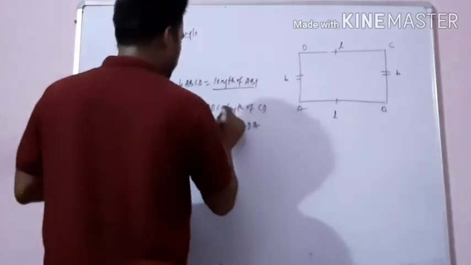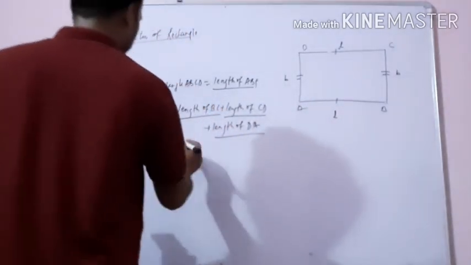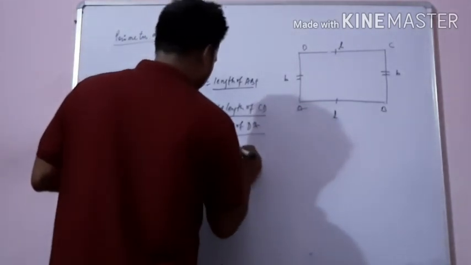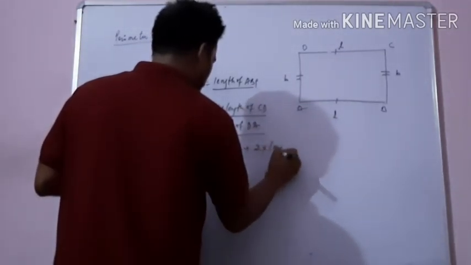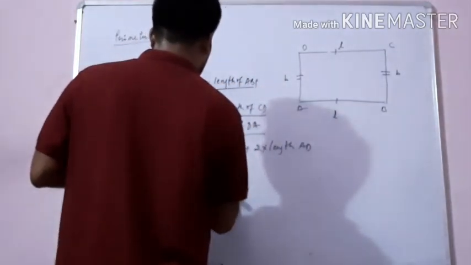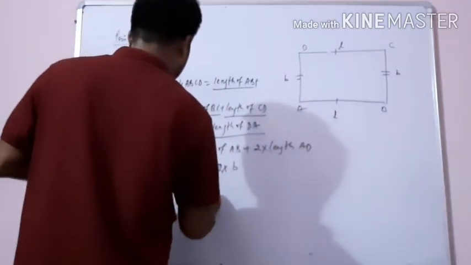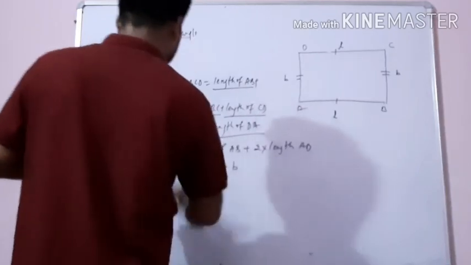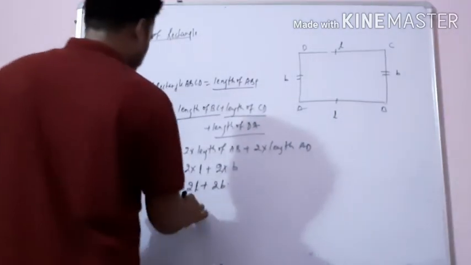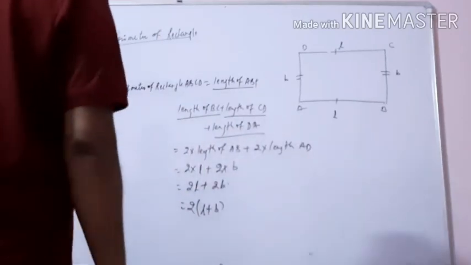Length of AB equals length of CD, and length of BC equals length of DA. So we can write 2 multiplied by length of AB plus 2 multiplied by length of AD, which is 2 multiplied by L plus 2 multiplied by B. So the perimeter of a rectangle is 2L plus 2B. When you take 2 common, 2 bracket L plus B is the perimeter of the rectangle.